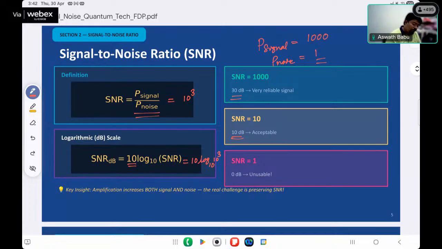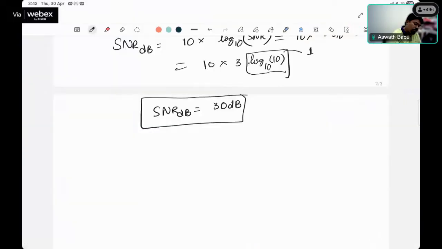What is the P signal here? P signal is just 1000, right? And what is the P noise? P noise would be 100. In this case, what would be the ratio? SNR in this case would be 10 times log base 10 of 1000 by 100.